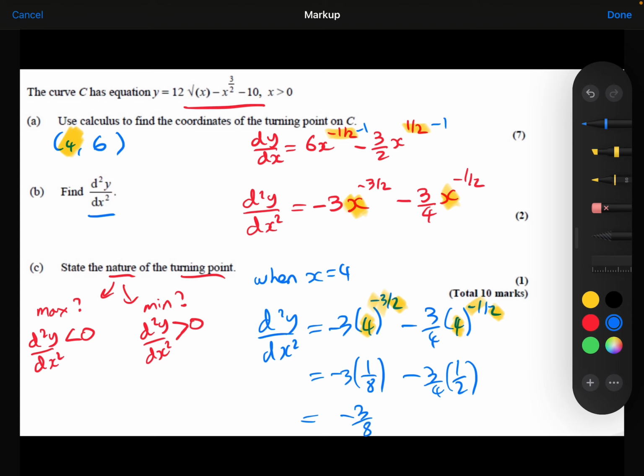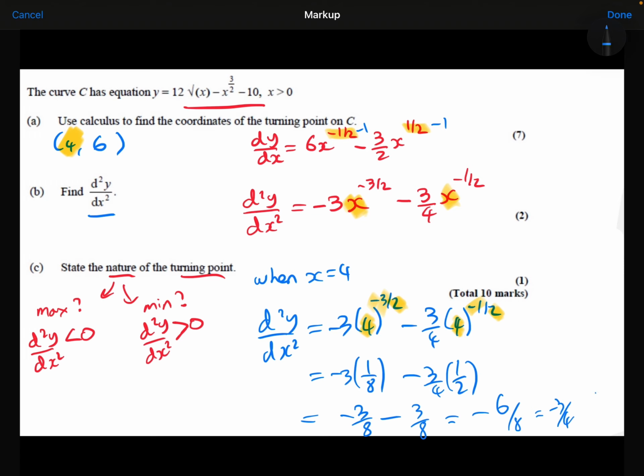So we get minus 3 over 8, minus 3 over 8, which is minus 6 over 8, or minus 3/4, which, most importantly, is negative. Therefore, a maximum, because the second derivative is negative.